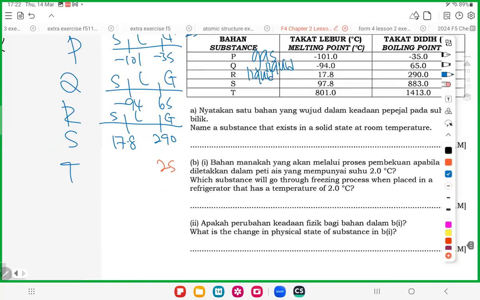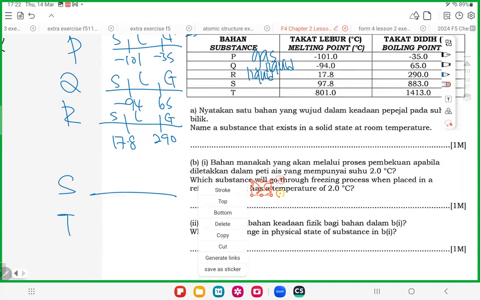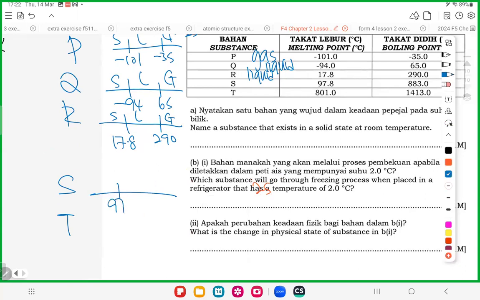Substance S. Your melting point is 97.8. Your boiling point is 883. Solid, liquid, and gas. Room temperature is 25. So 25 is lesser than 97.8.